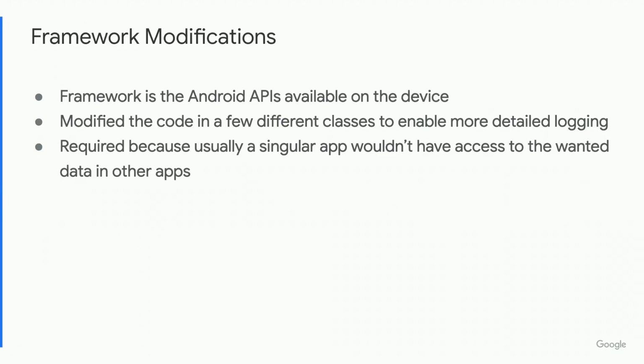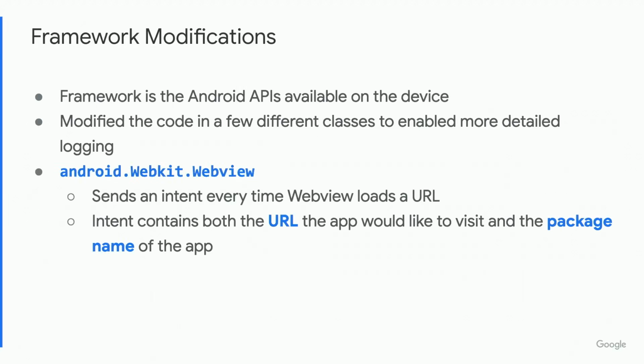So what do those framework modifications look like? One example is that they modified WebView, as I said. So every single time WebView went to load a URL, they then sent an intent that contained two extras. One was the URL they were intending to load, and the other was the application's package name that was intending to load it.